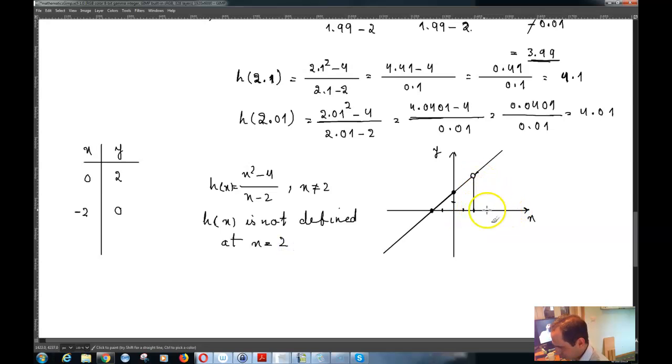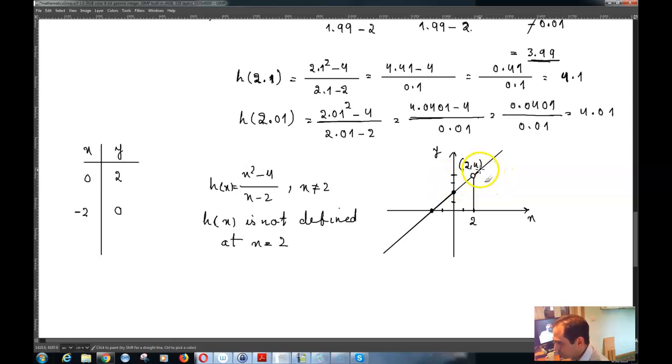But as I'm getting closer to x equal to 2 from the right or from the left, the function is tending towards this point, which is (2, 4). As you move towards 2 from the right or from the left, the function is getting closer and closer to this point, (2, 4), but the function is not actually defined at x equal to 2.